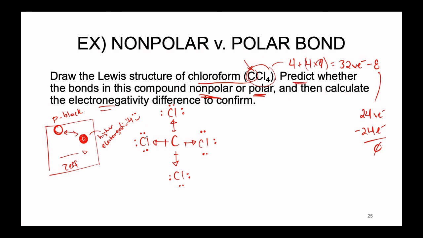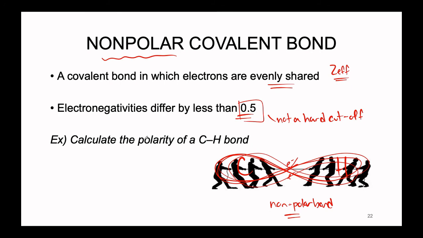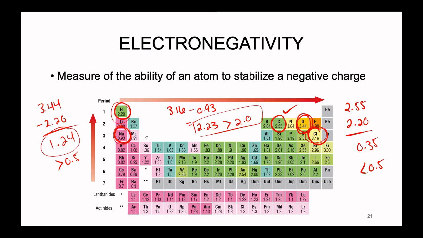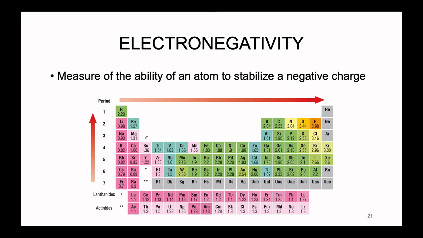All right, well, let's go back to our actual table to confirm this hypothesis, or maybe even refute it. When we go back to our electronegativity table, we need to pick out our chlorine and our carbon. Well, we can see based off of our prediction using the effective nuclear charge difference, chlorine actually does have a higher electronegativity.